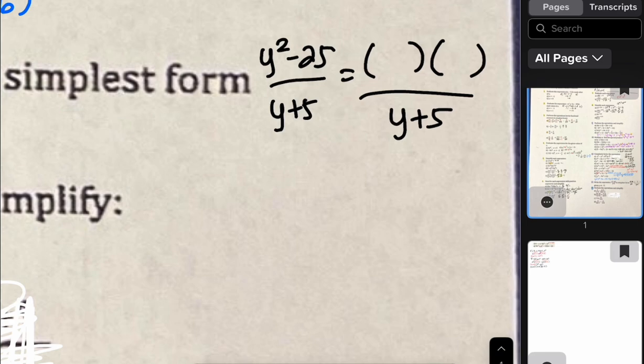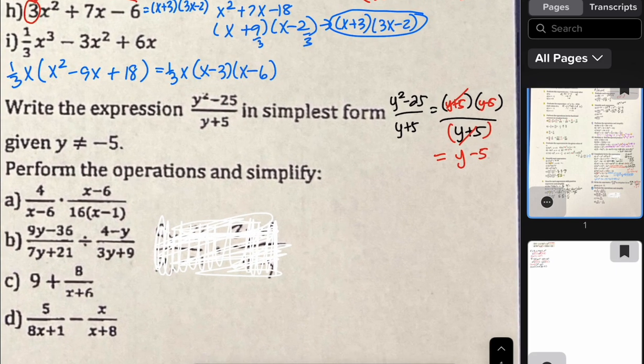How does y squared minus 25 factor? Difference of squares, Anthony. How do you factor that? You got it. Because these are perfect matches, they have to be perfect entire matches, you may cancel them out. The answer is y minus 5. That's it. That's all they wanted you to do there. So 12 was wonderful.